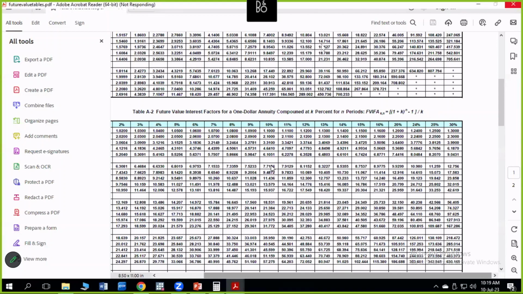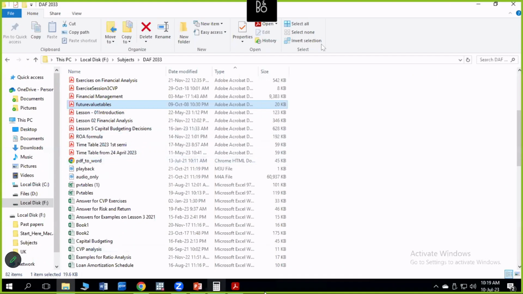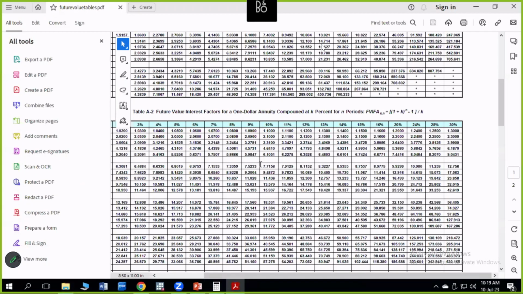So in this case you can find, at 6%, this amount is already calculated. You can see it.